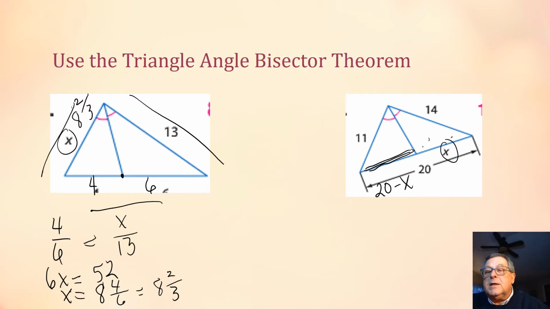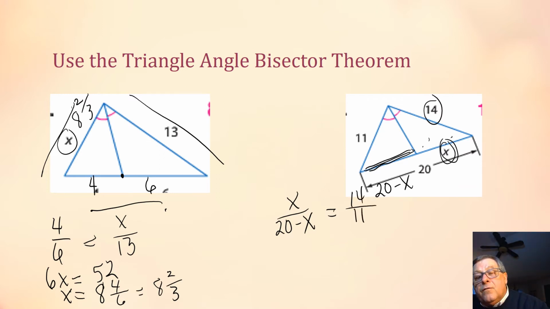Let's say we have x over 20 minus x, because those two side lengths are proportional. Since I went with the x here, I need to use the 14 in the numerator: 14 over 11. And let's do some cross multiplication.